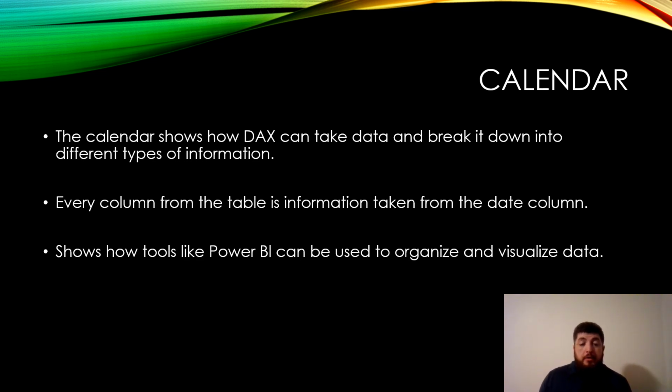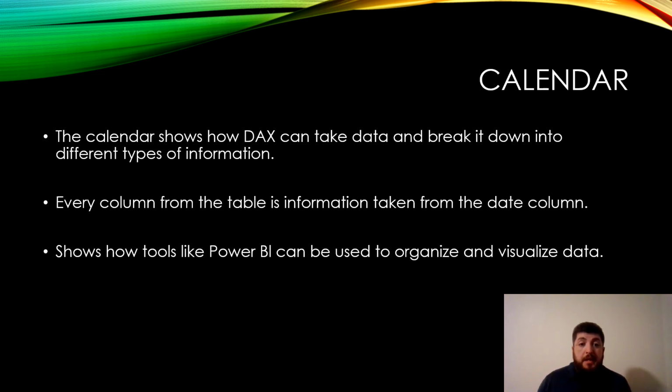And the calendar that was created using Power BI used DAX to break down different types of data into other different types of information. So you can take data and split it up into smaller increments, so you can organize it that way, like we did with the date.